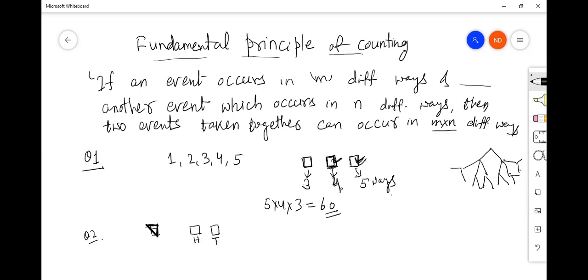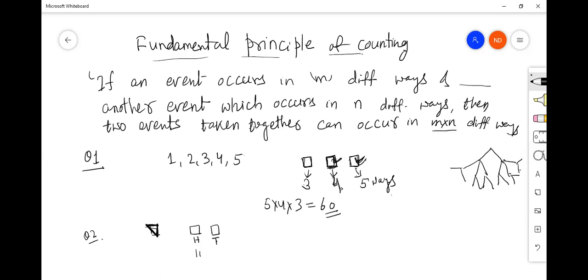So first time head or tail. Second time again you are having head or tail. Third time also you are getting head or tail.